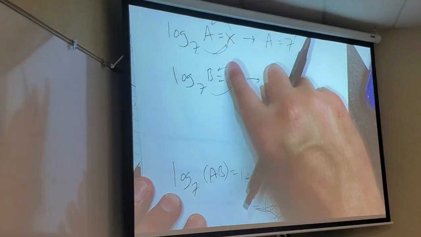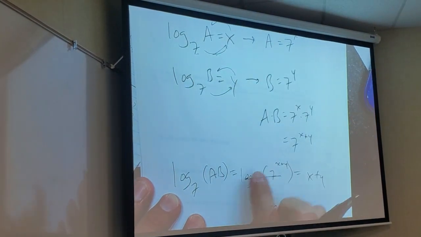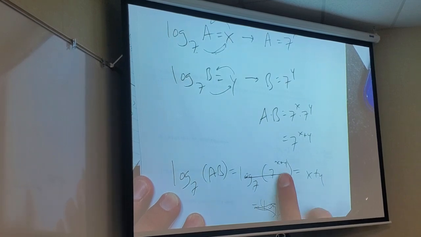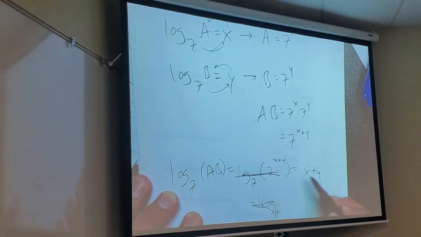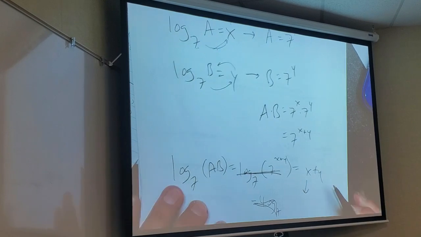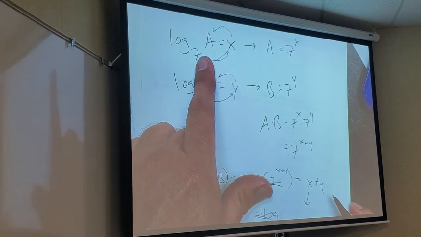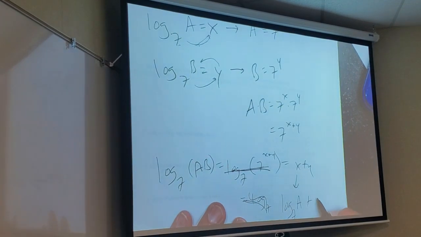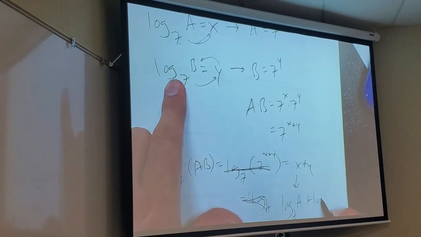If you're all cool with what happened up here, I just replaced AB with what it is. Log base 7 of 7 to a power is easy because they just cancel, so I get X plus Y. What was X? Log base 7 of A. What was Y? Log base 7 of B.